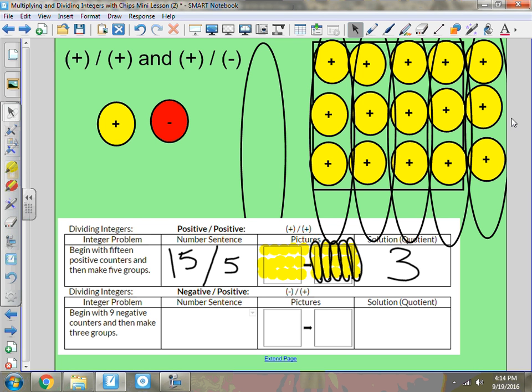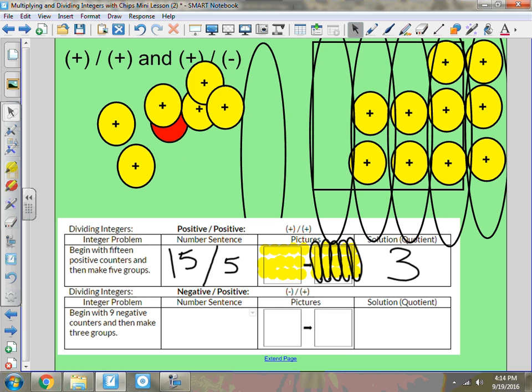Let's try one where we're working with some negatives. Now I'm going to begin with 9 negative counters. Let me get rid of all of the stuff in my work paper.